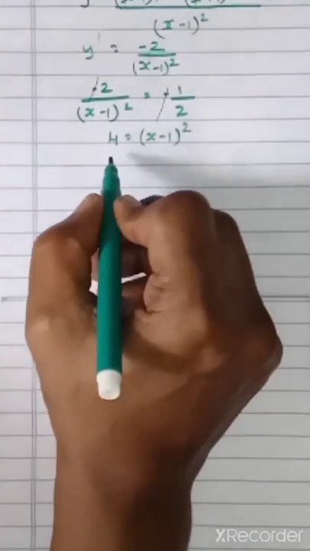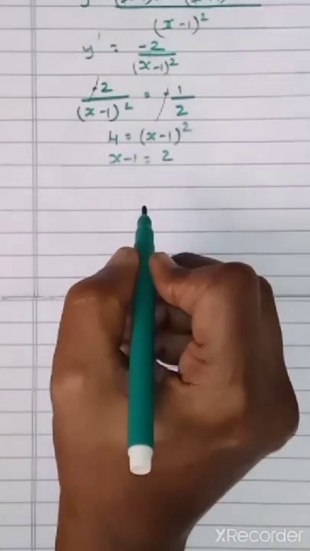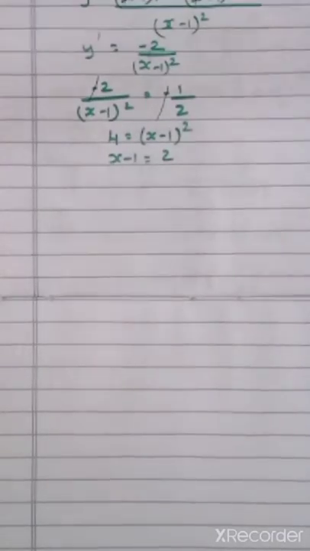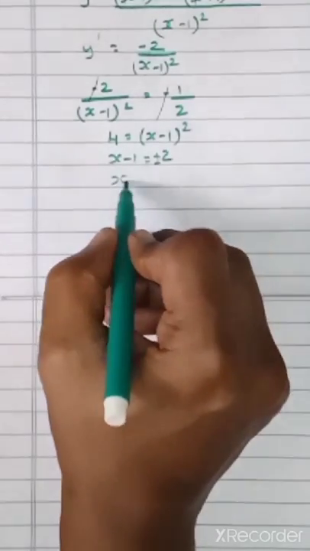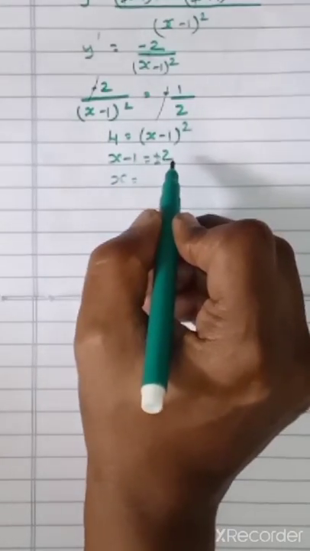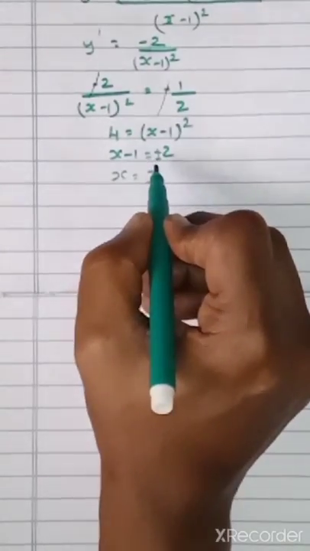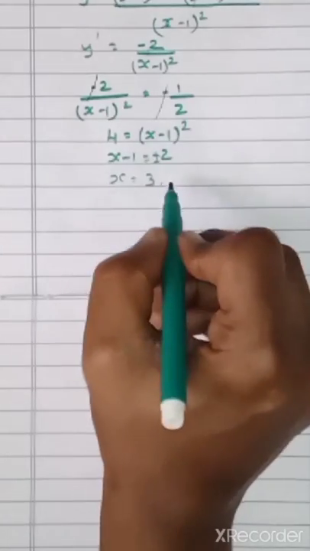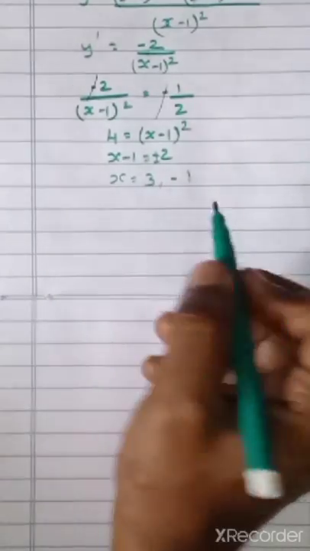So taking square root, you will get x minus 1 equal to plus or minus 2. So x equal to, when you take minus 1 to that side, it will become plus 1. So 2 plus 1 is 3, and minus 2 plus 1 is minus 1. So what you will get? x value 3 and minus 1.